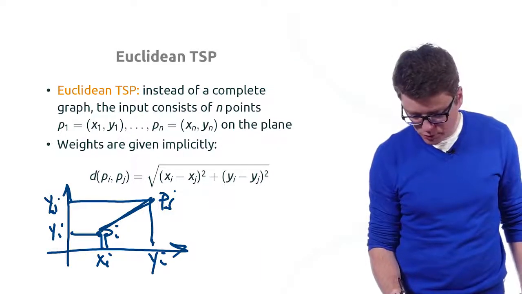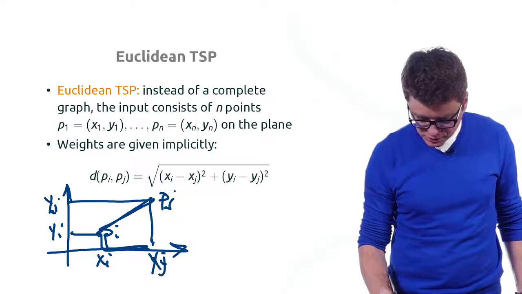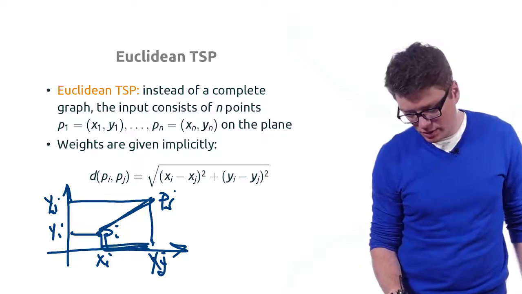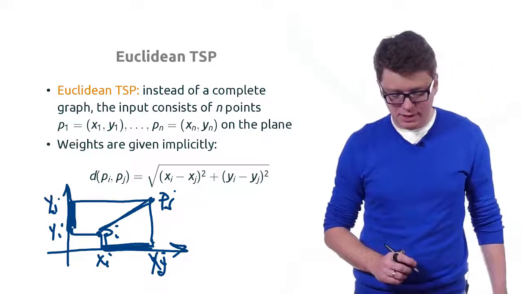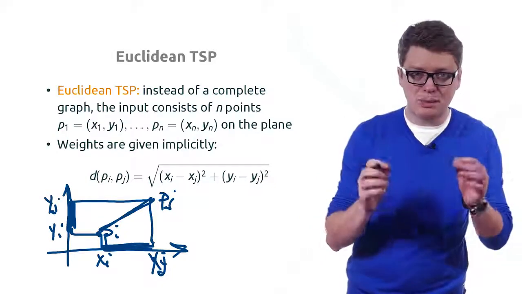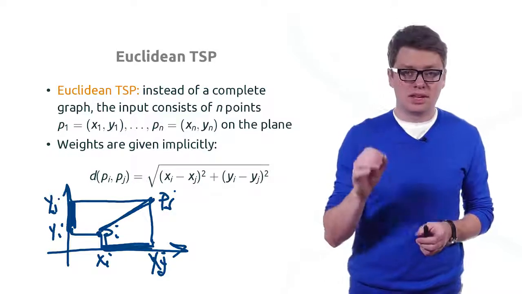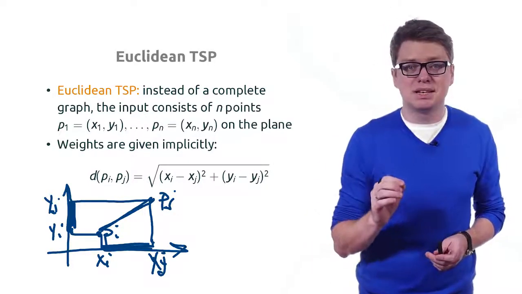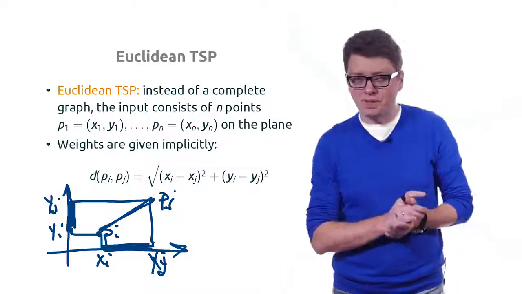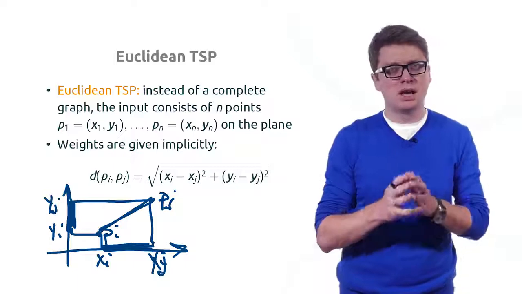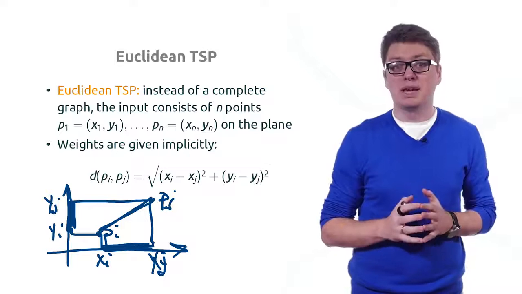This is just the square root of the square of xi minus xj, plus the square of yi minus yj. So we compute the sum of these squares and take the square root. This gives us the distance between the corresponding 2 points implicitly. It is not part of the input, we can always compute it. And this is an important special case. In many applications what we're given is essentially points on a plane.